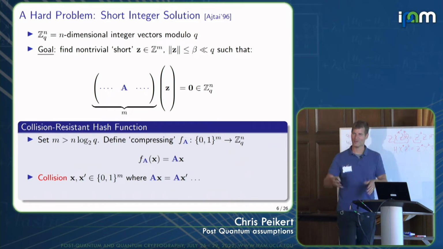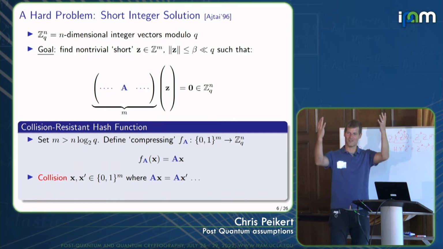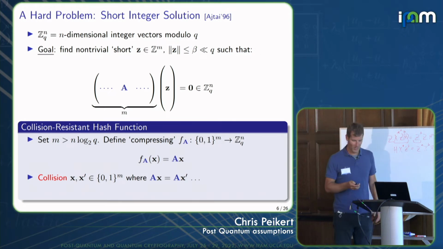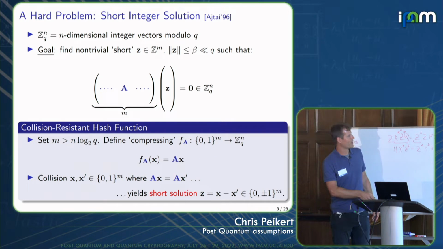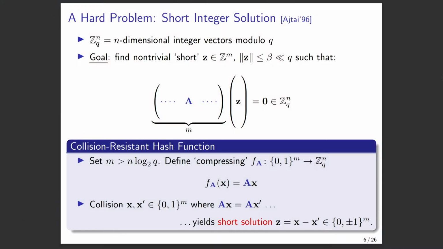Everybody raise your hands. OK, all at once. Subtract. x minus x prime. The claim is that this z, which we'll call x minus x prime, is a short solution to our problem. Let's just check the requirements. x and x prime are different, so z is non-zero.